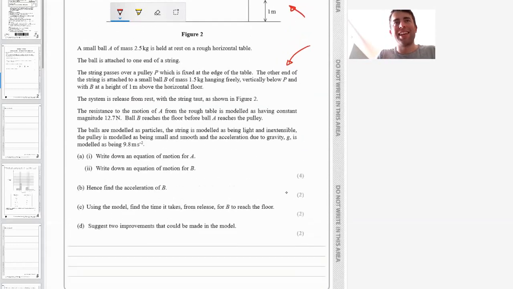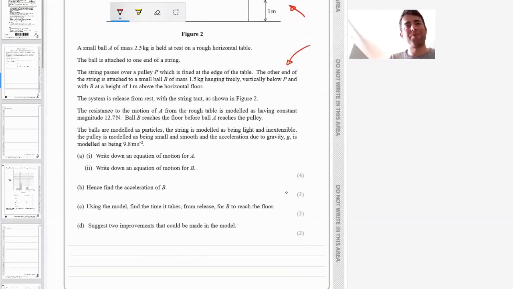Then, if you want more help from there, I like to label out the diagrams separately. Often in connected particles questions, there are 3 diagrams that you can draw. We've got A on its own, and all of the forces that are acting on A. We've got B on its own, and all of the forces that are acting on B.